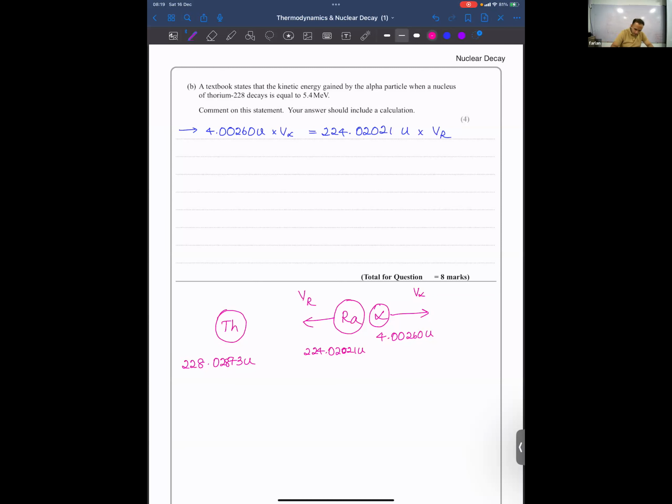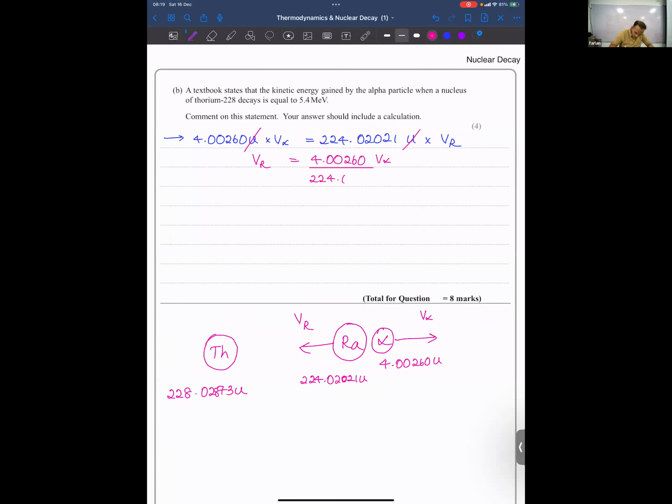On either side, the u's will cancel off. The alpha particle's energy is what we had to find, so I'll get vr as the subject. vr is going to be 4.00260 v alpha divided by 224.02021.